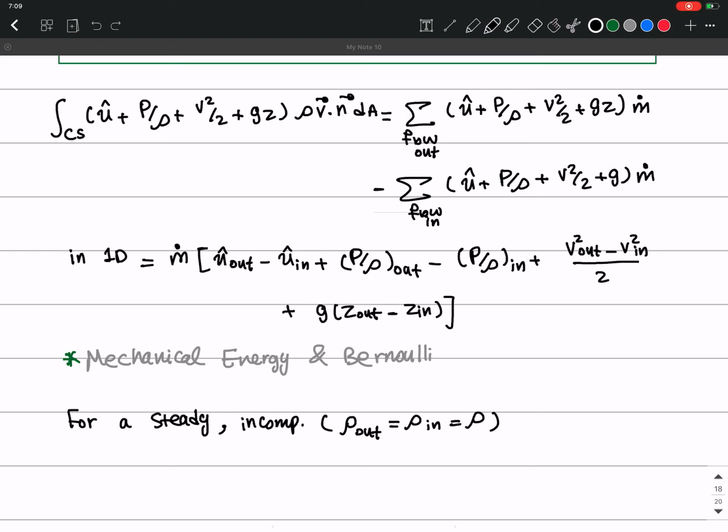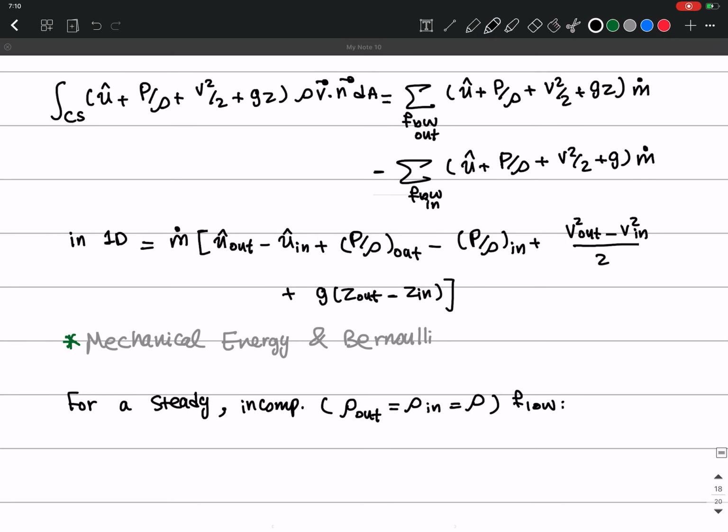But for now, let's just assume incompressibility means the density is constant. So for an incompressible and steady flow, the time change of anything is going to be 0.